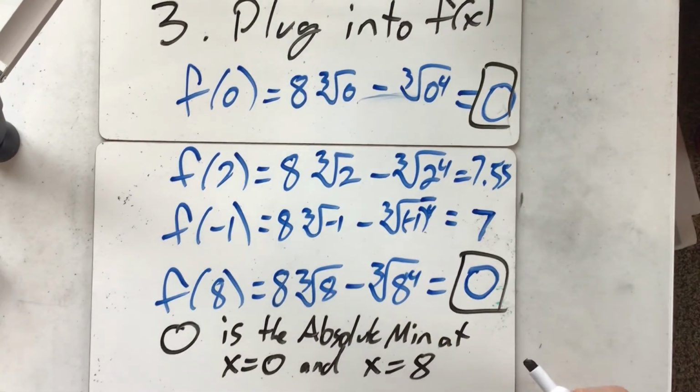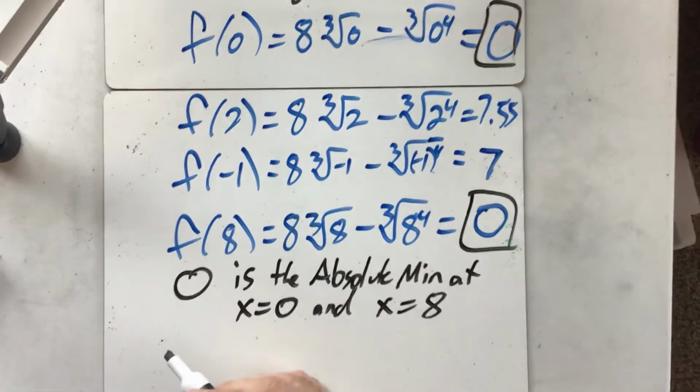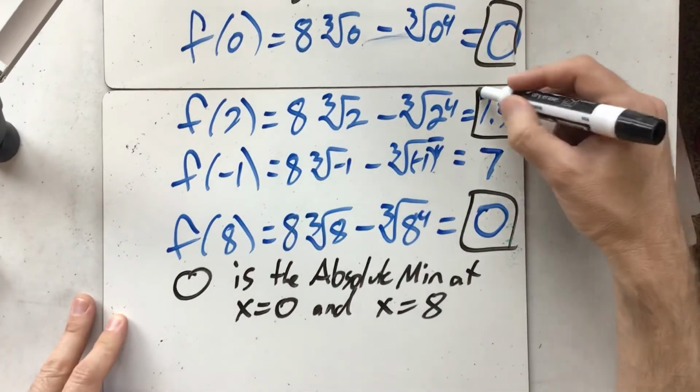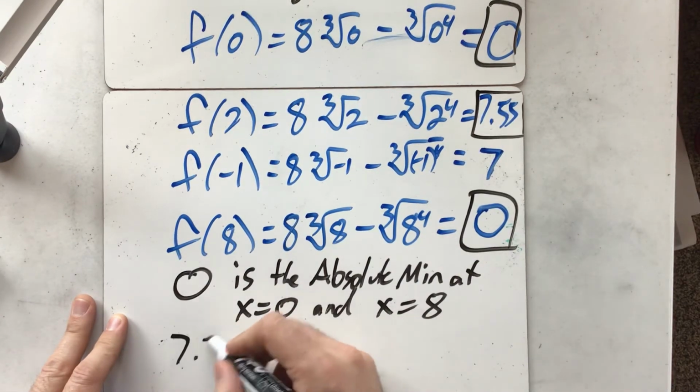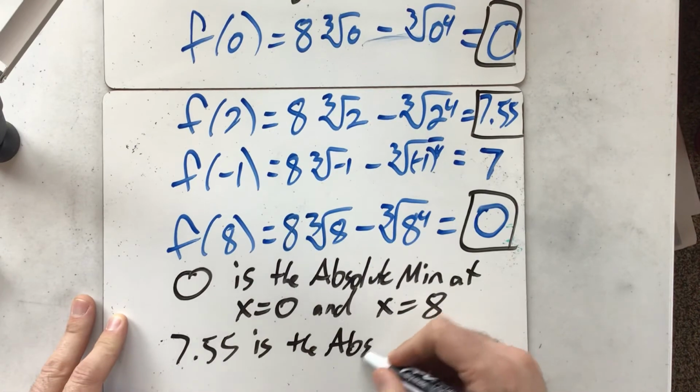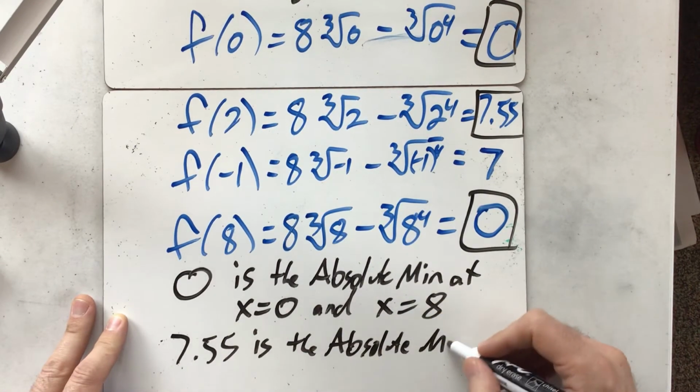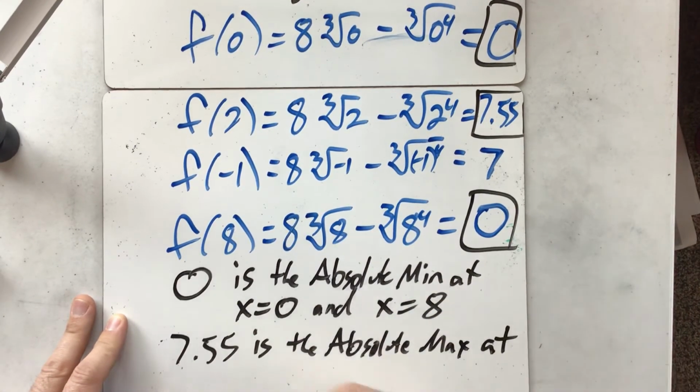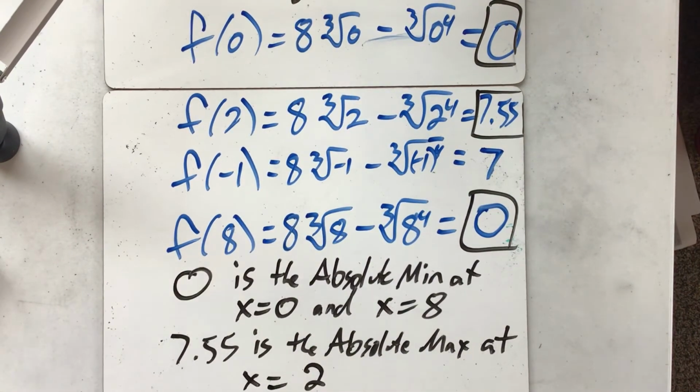So that minimum occurred twice on our function. And then which one's the largest? This is the largest. So 7.55 is the absolute max at x equals 2. So the max was at 2 and the min was at 0 and 0.